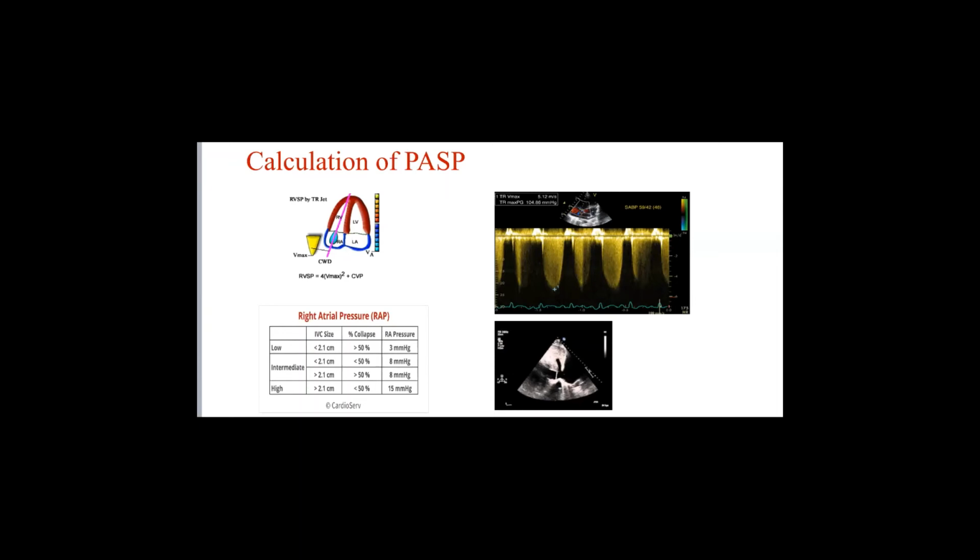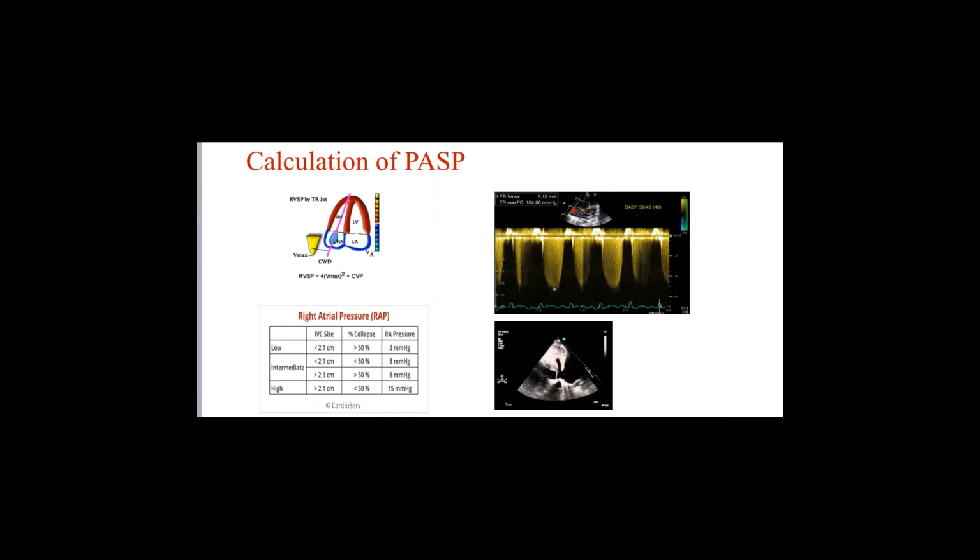It's based on an assumption that the RV systolic pressure is equal to the pulmonary artery systolic pressure. Right or wrong? It's right, unless I have pulmonary stenosis. Exactly. The RV systolic pressure is equal to the pulmonary artery systolic pressure unless I have PS.